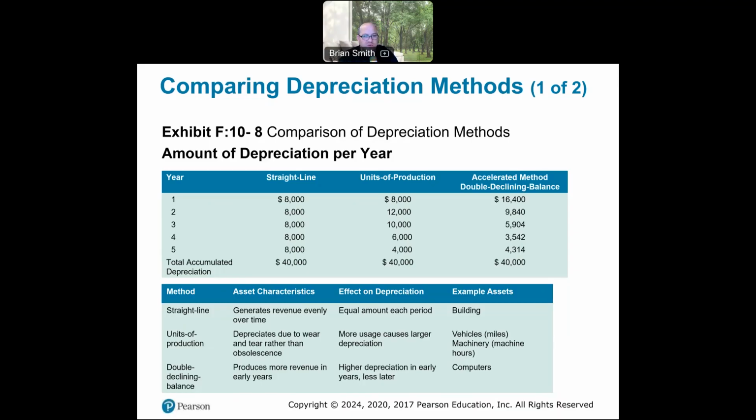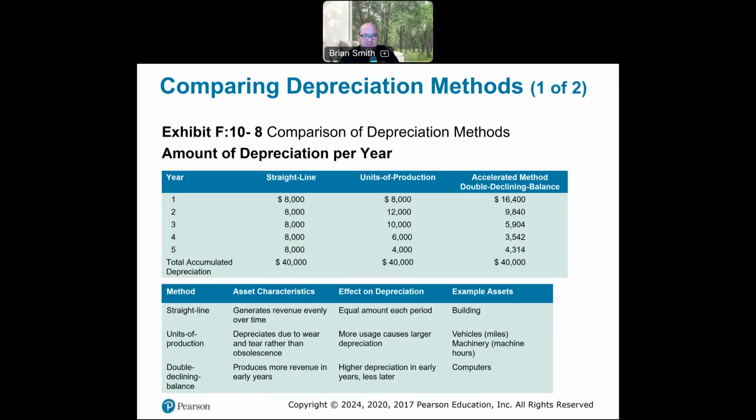Sorry, it doesn't. I'm sorry. It says it produces more revenue in early years. I don't think that's really true. It's just that you're going to have less net income because you're expensing more in the earlier years. I don't know how it produces more revenue using the double declining balance method. Maybe you entrepreneurs could tell me, how does whether or not I use the accelerated depreciation method produce more revenues in the early years?